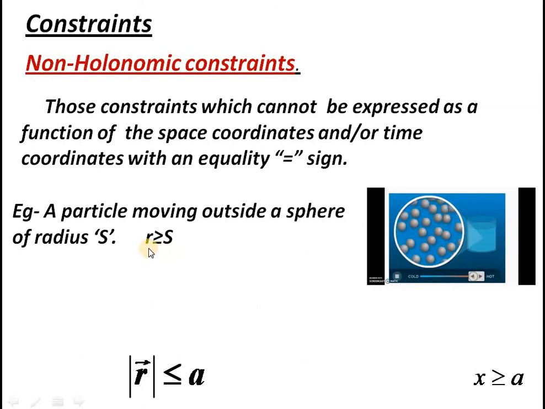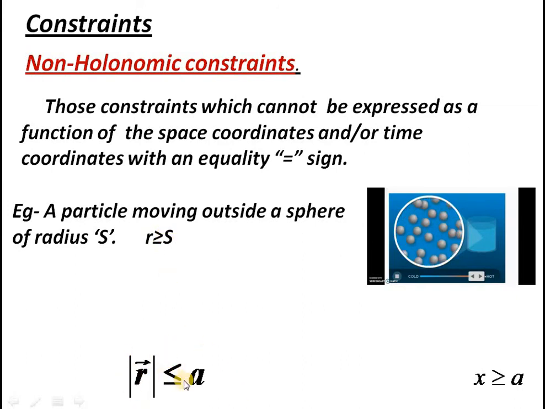Here we represent the constraint as: the distance which the particle can move is always less than or equal to s. R is a variable, s is a constant. The particle can move up to s or less than that. Here there is a small error. You have to write R is less than or equal to s.